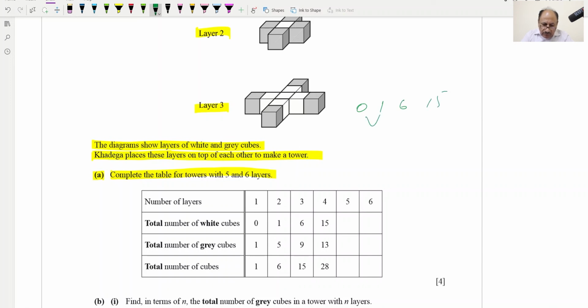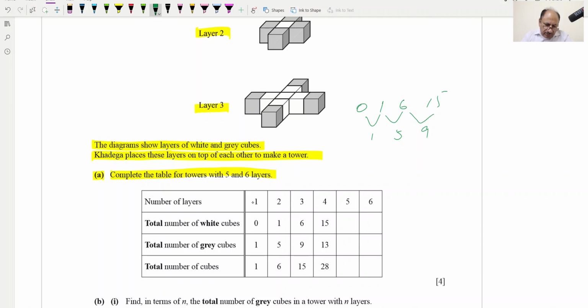The first difference is 1, then 5, then 9, and then 13. Layer 1 is containing 0 white, then 1 white, then 5 white. They are asking for white cubes, right? So total will be what?